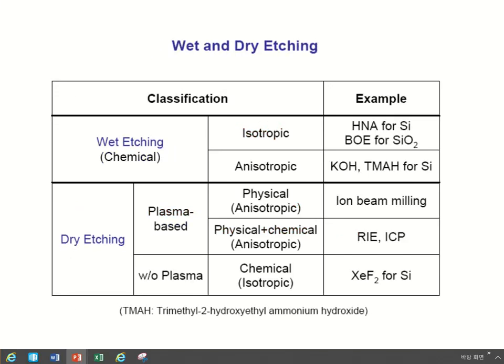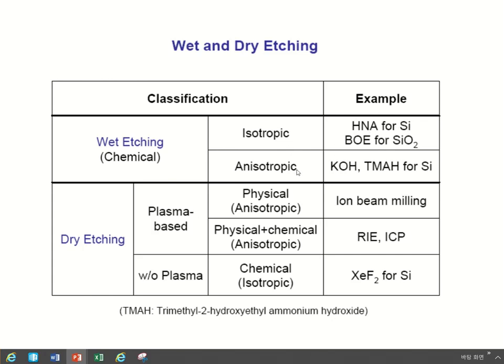Okay, let's compare the wet and then dry etching. So wet etching means you use chemicals, and dry etching is you use certain ions and electrons in dry condition. Okay, so in wet etching, if you want some isotropic properties, then this is recommended wet etching chemicals, HNA for silicon and BOE for silicon dioxide.